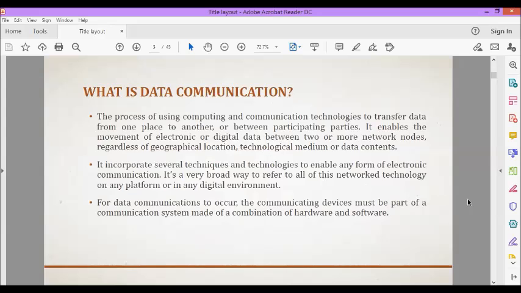environment. For data communications to occur, the communicating devices must be part of a communication system made of a combination of hardware and software. Some common types of data communication technologies include telecommunications, computer networking, and radio satellite communication.